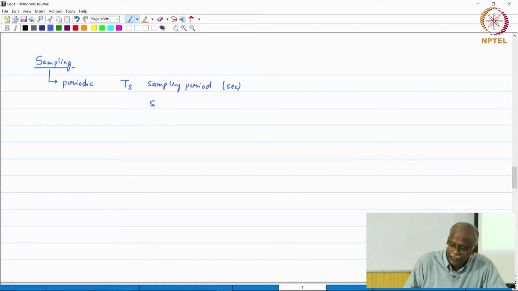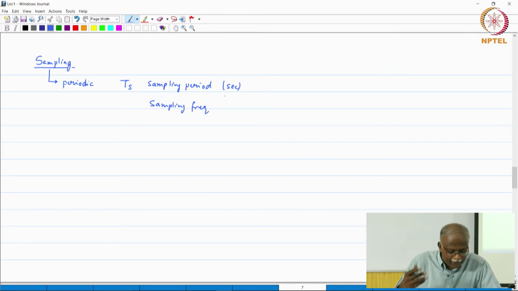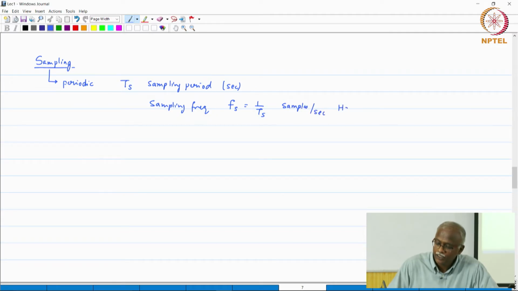Sampling frequency we can indicate in radians per second or in terms of samples per second. So Fs is the reciprocal of Ts. This is in samples per second, or it is also indicated in hertz.